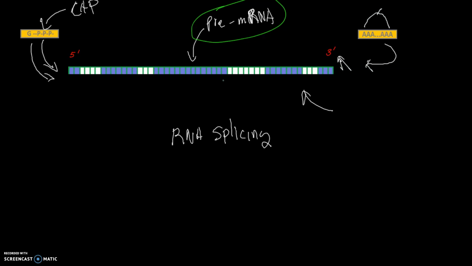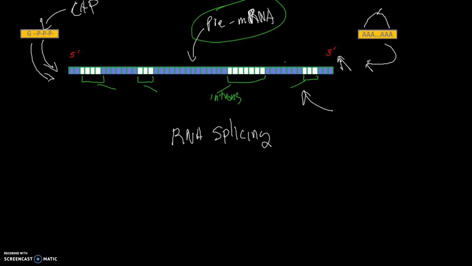As you can see here, the white regions here are the introns. So, introns. These introns do not code for the amino acid sequence of proteins.